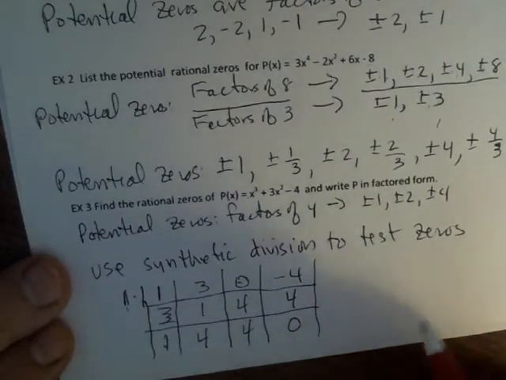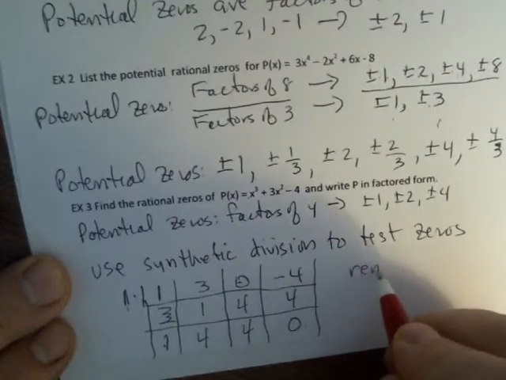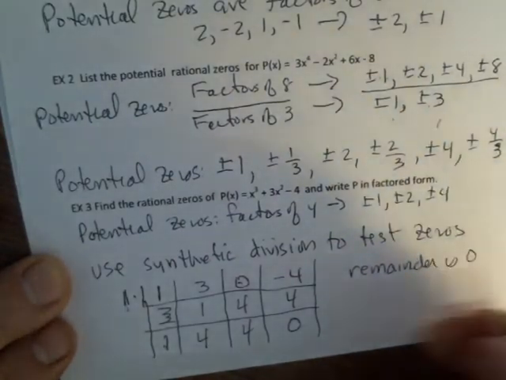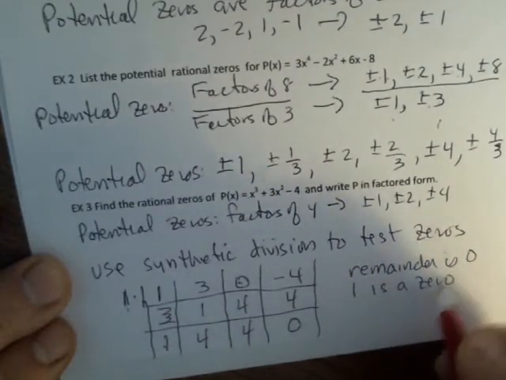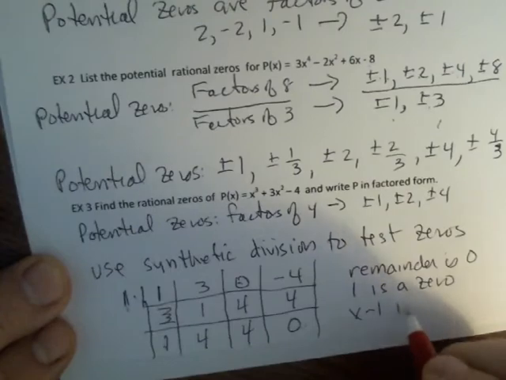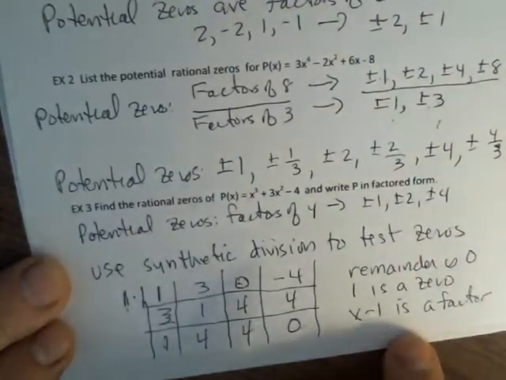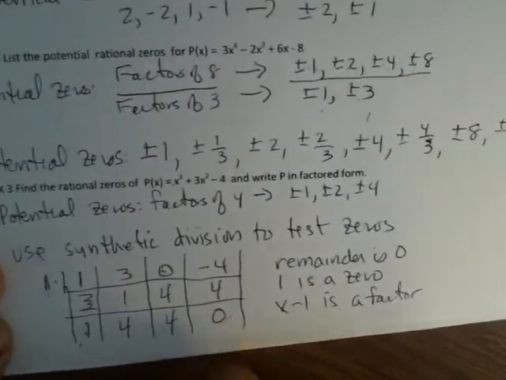So from what we did in the remainder theorem, the remainder is 0. One is a 0, and x minus 1 is a factor. This is all of what I know about when I get that 0 as my remainder.